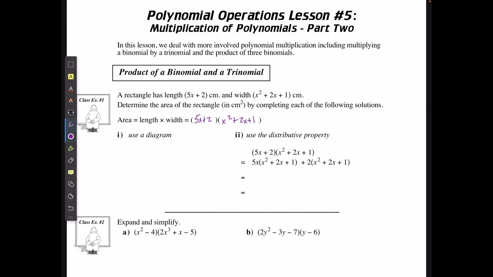So if I'm doing an area diagram, then I'm going to have the two terms, like we've done before, on the top, 5x and 2. On the other side, I actually have three terms, x squared, 2x, and 1.